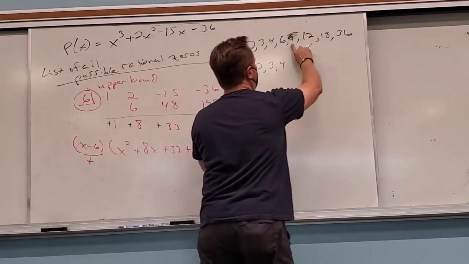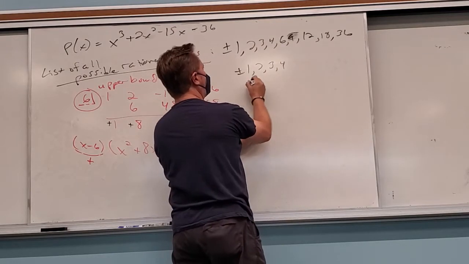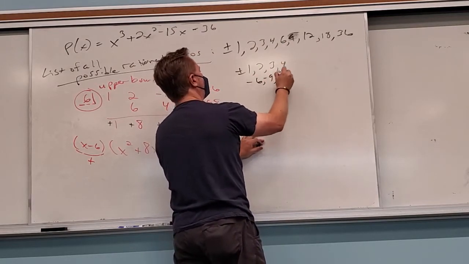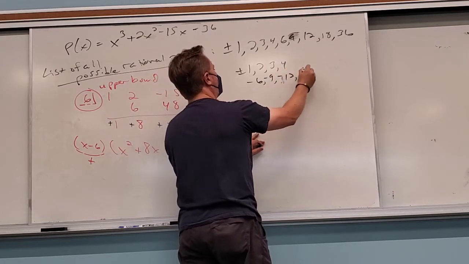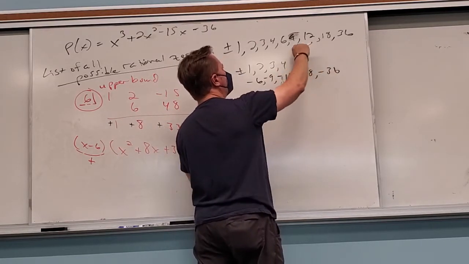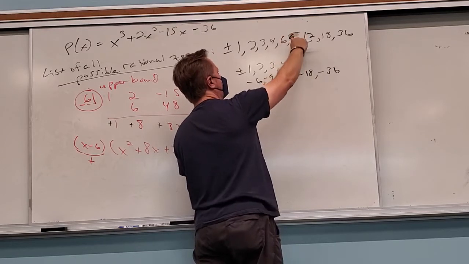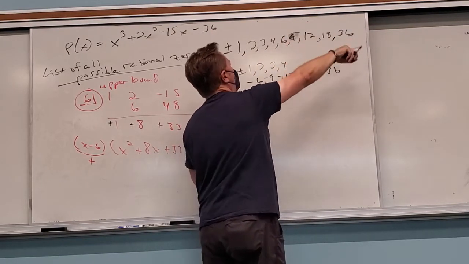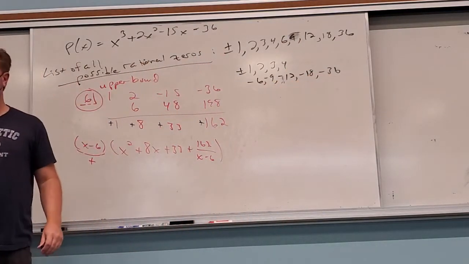So screw these guys. But then I still get the negative 6, 9, 12, 18. But I just eliminated positive 6, positive 9, positive 12, positive 18, positive 36. I just eliminated 5 numbers in one go.